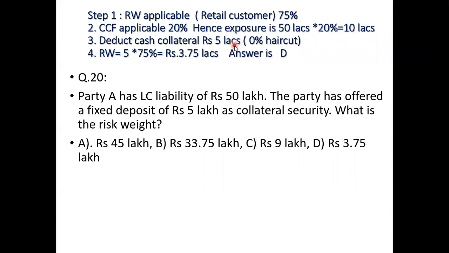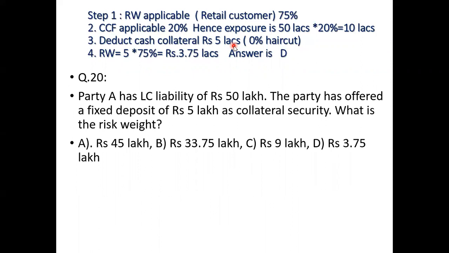Sir, one thing, for loans only, when we have given a loan to a borrower, for undrawn portions only we have to take credit conversion? Yes, yes. Not only for undrawn balance, the undrawn balance will come under two categories.